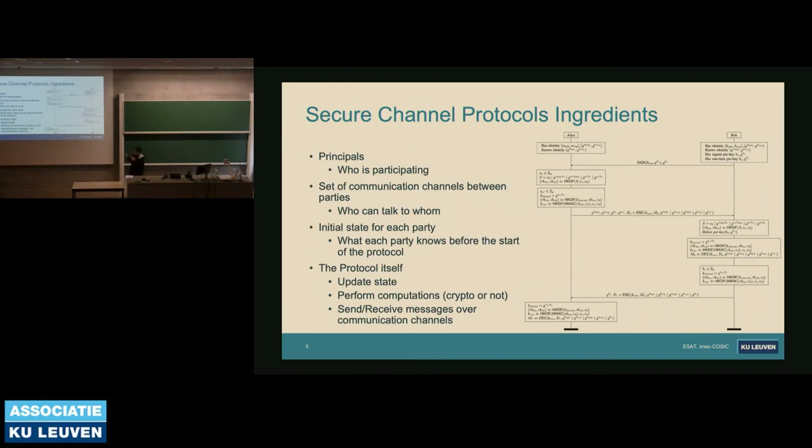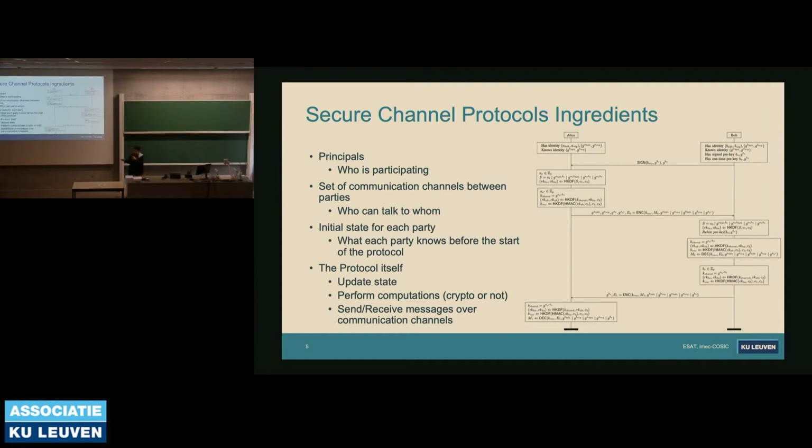So what are the ingredients of a protocol? These are what we need to take into consideration when analyzing one. We have the principals, which is who's participating in the protocol. We have the communication channels, as in who can talk to whom and at what time or phase. Each party has an initial state, as in what it knows: what public values, what secret values, what algorithms.